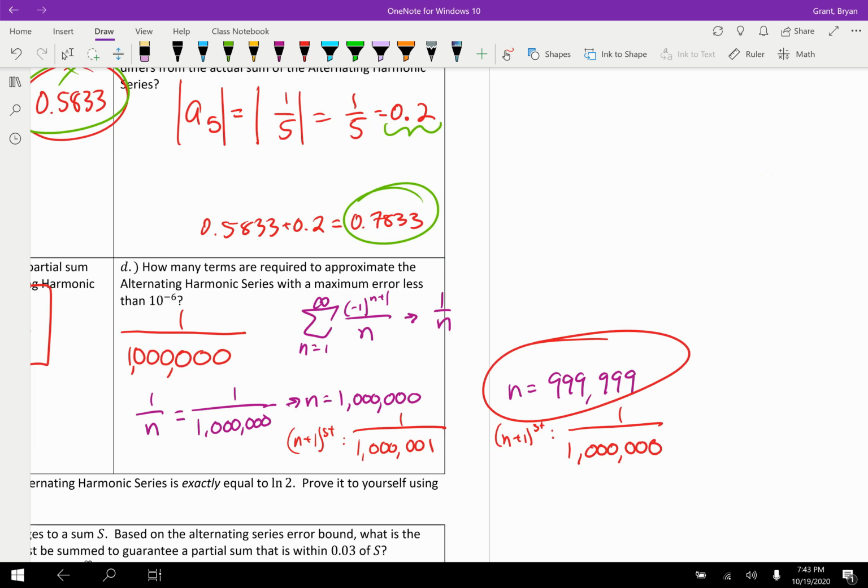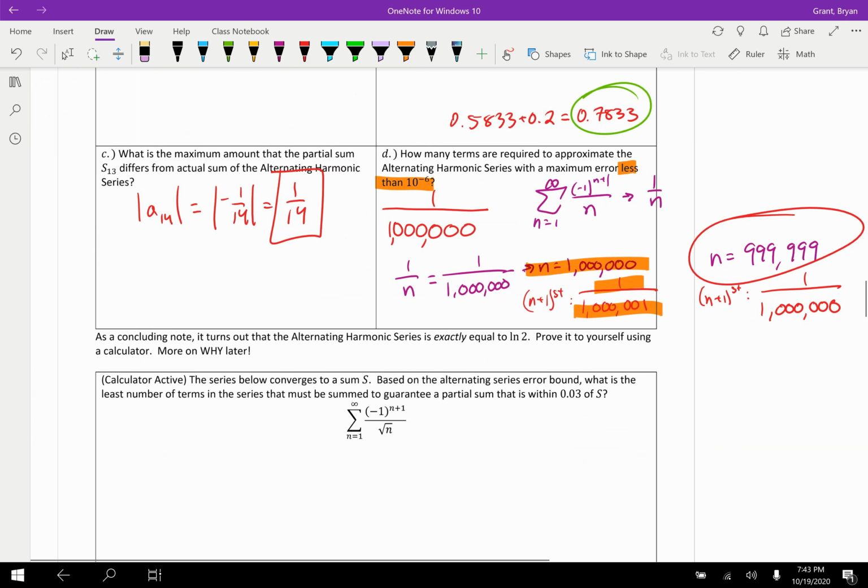So do I want 999,999 terms, or do I want this? Well, the problem said we want a maximum error strictly less than 10 to the negative 6th. This is an error of possibly equal to 10 to the negative 6th. We wanted less than that, so we actually need this guy. We want a million terms added up so that the error will be less than 1/1,000,000th.